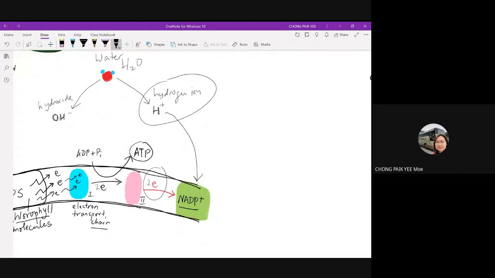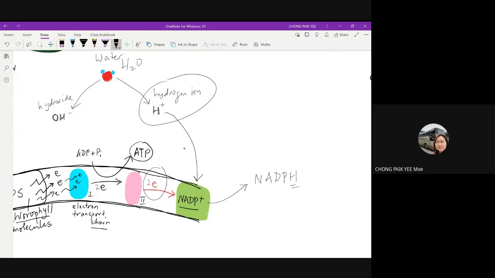And when it receives these two things, it is going to become NADPH. H is hydrogen, and it is no longer charged because it has been neutralized. Because you have two electrons come in and you have another hydrogen come in, so it is already neutral.